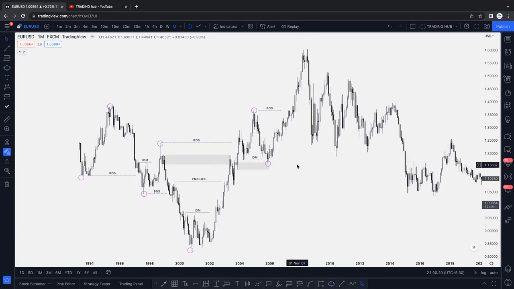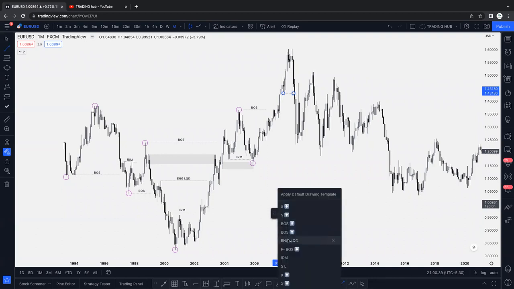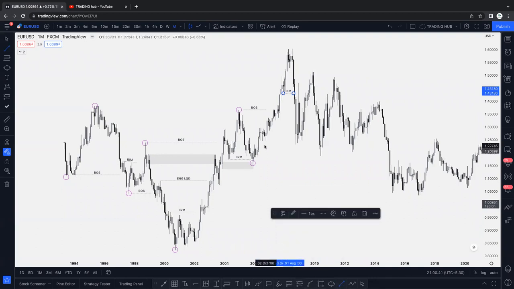Correct. And you can see the market pushed higher after taking out this inducement. So where is our zone when we are looking for the buy and sell? You can see the first inducement is here. Correct. And the engineering point is here.